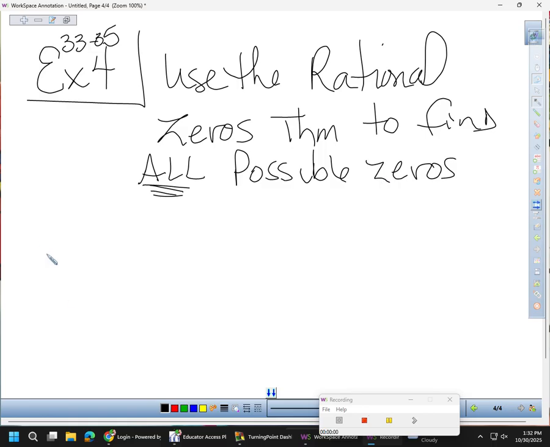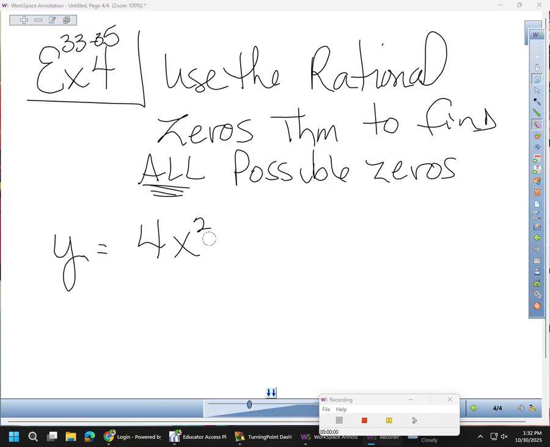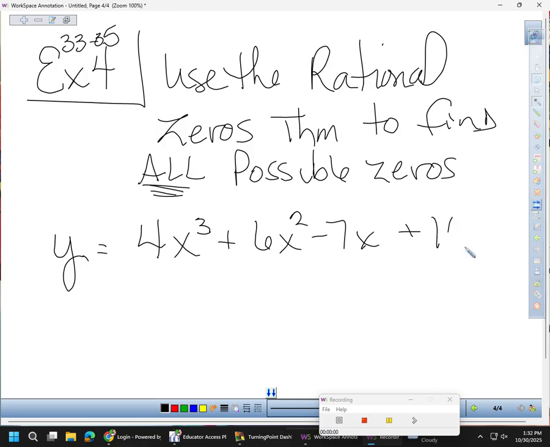So let's say I have y equals x to the third plus 6x squared minus 7x plus, let's go 10.